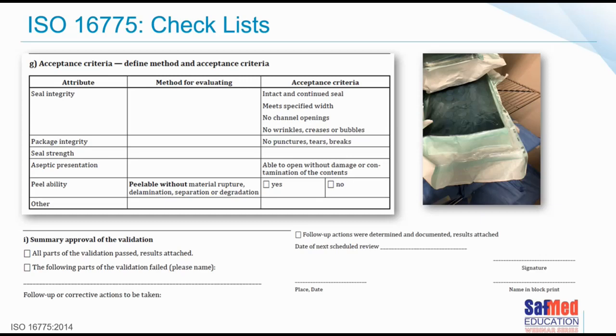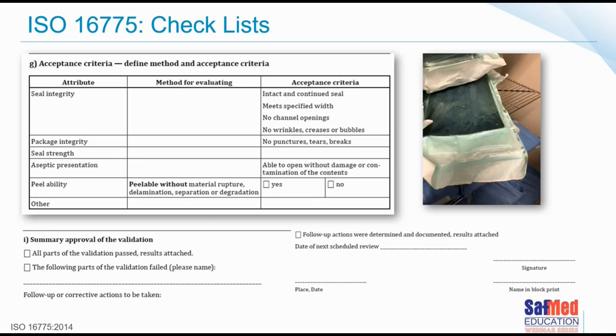So then we have to define our acceptance criteria. So what are we happy with? What will we sign off and say this is working correctly? Here are some examples, as you can see, that you're looking for when you're inspecting it. What's the seal integrity like? Is it wide enough? Are there any wrinkles or channels? Are there tears or punctures in the packaging?